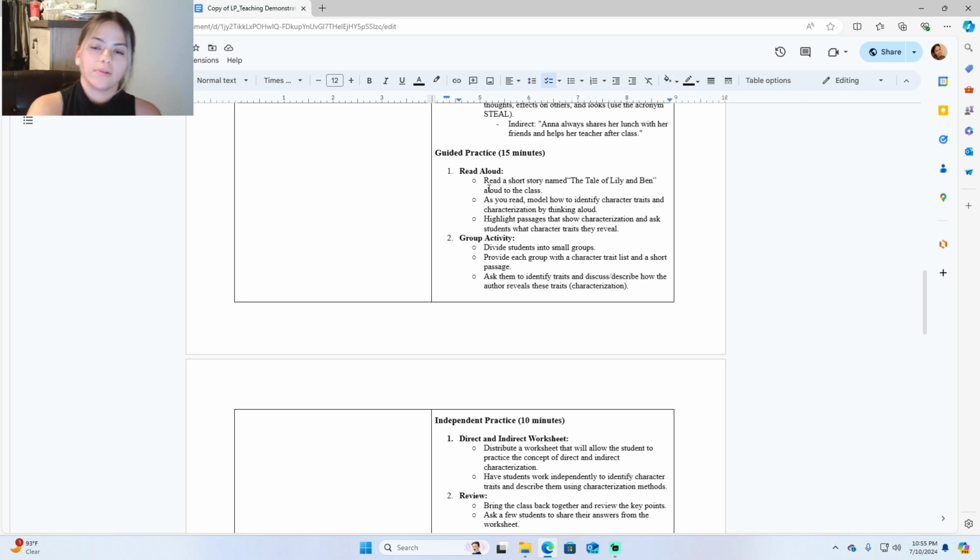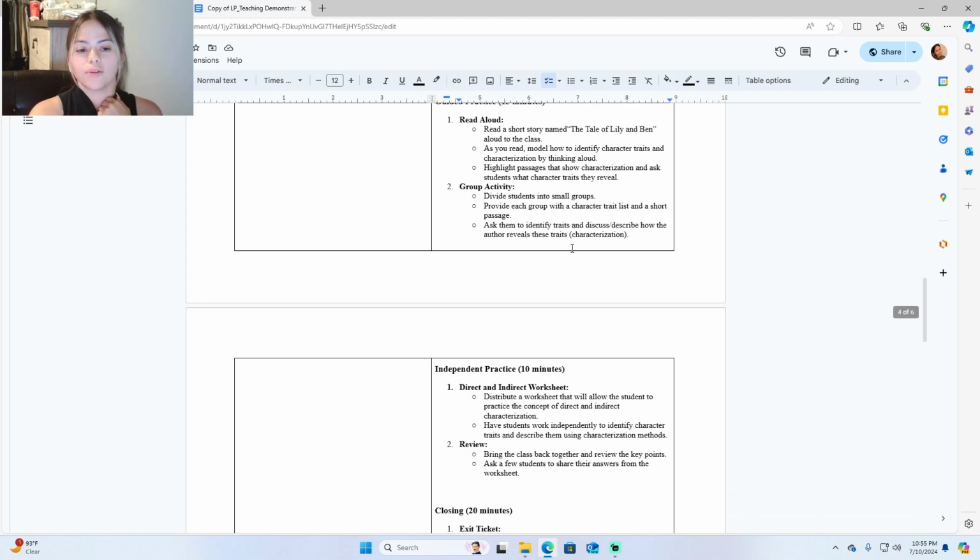I'll be reading it out loud to the class, and as I'm reading, I will make sure to be thinking out loud, getting their brain started on thinking of how they can identify character traits and characterization, and as I'm thinking out loud, they can visualize it as well. After that, I would do a group activity.